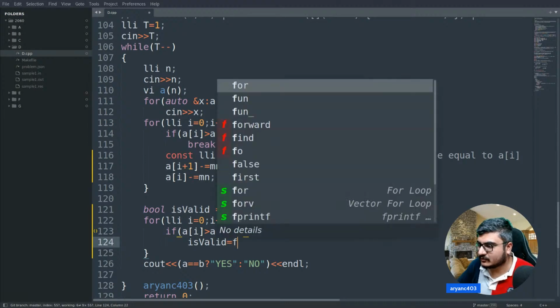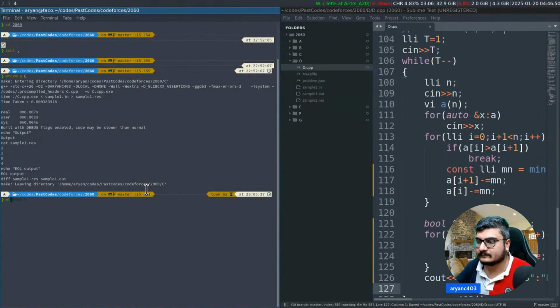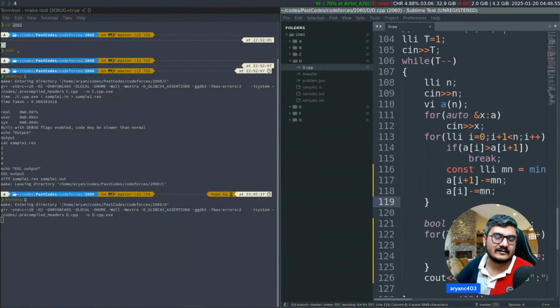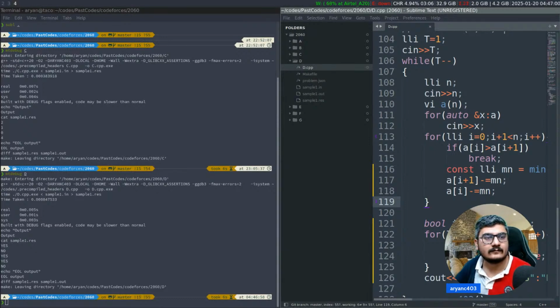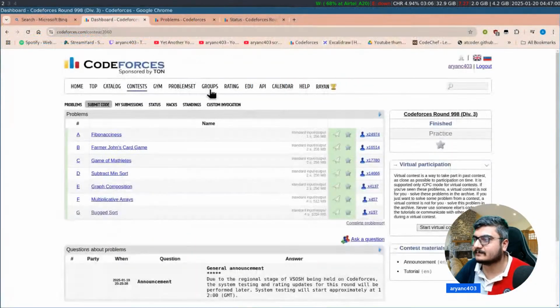You make is_valid equal to false. And that would be the solution for D. So this was the idea for the fourth problem.